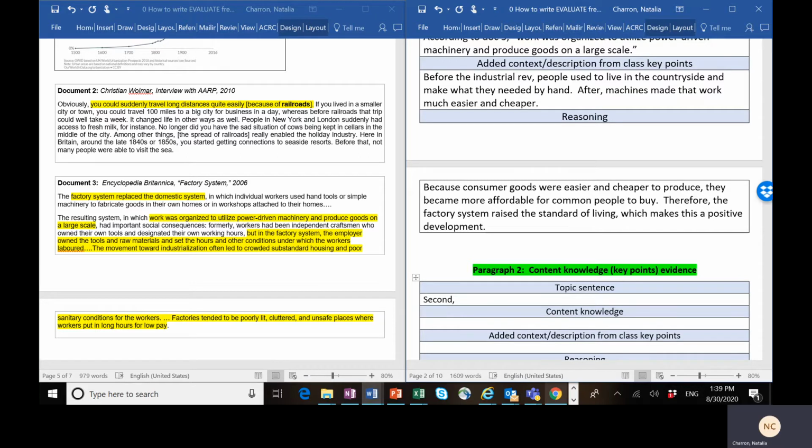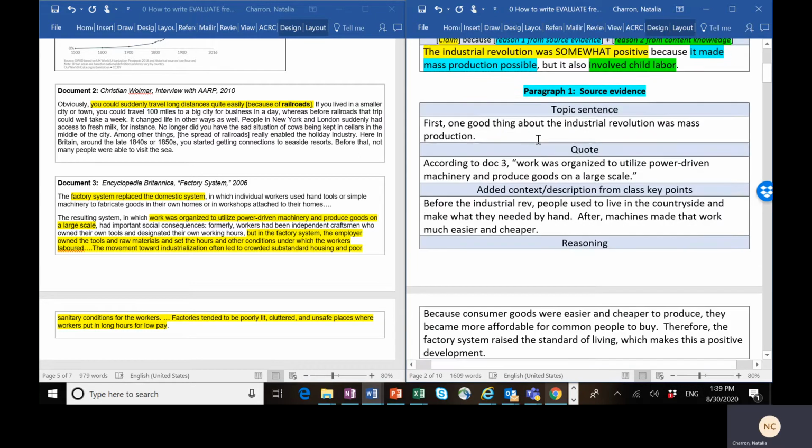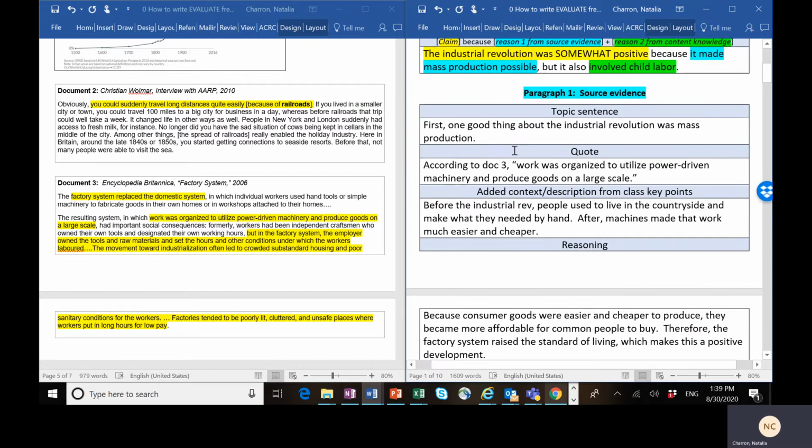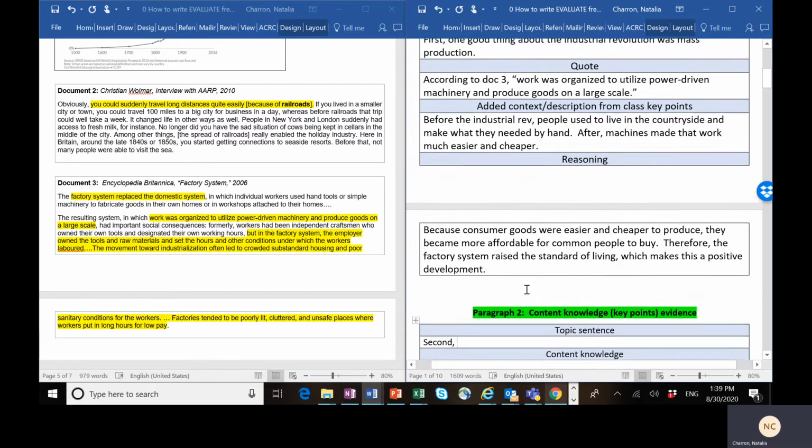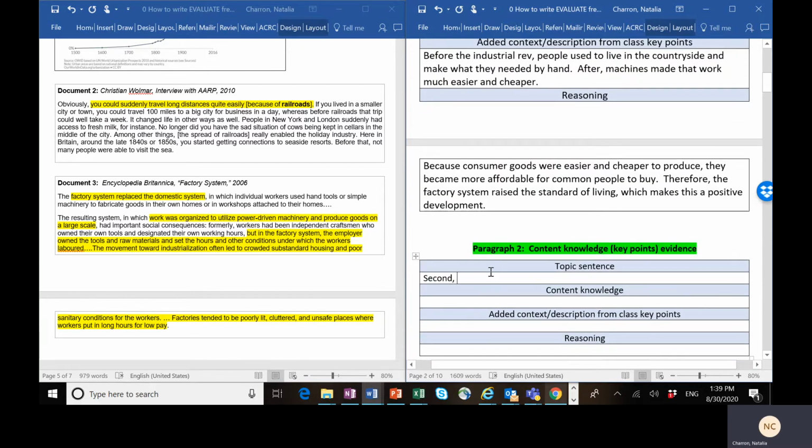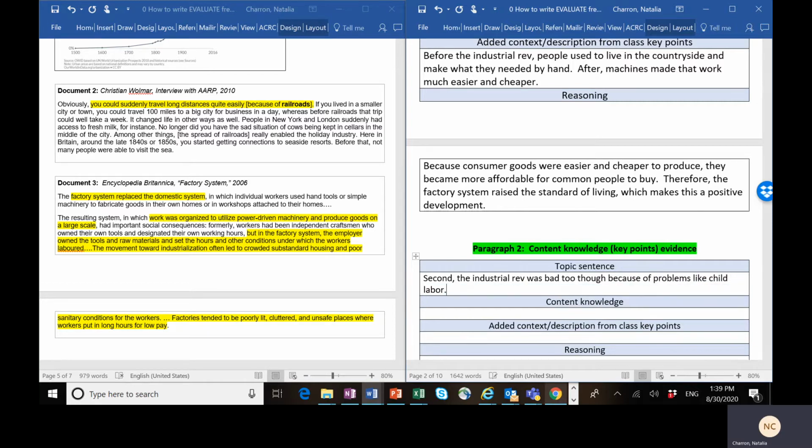So if you do that, you get a whole writing point for having two topic sentences and the specific source cited. So you could say, second, the Industrial Revolution was bad too, though, because of problems like child labor.